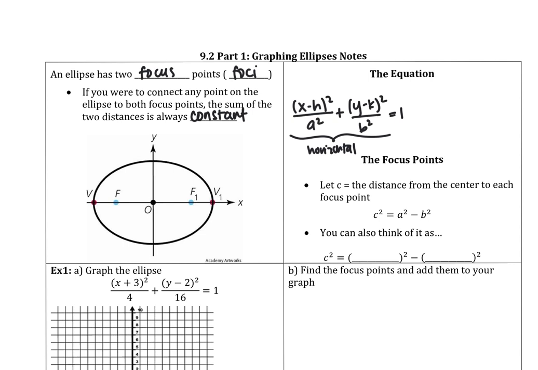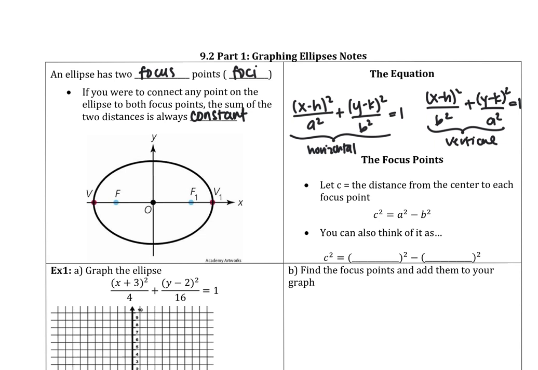And the equation for a vertical ellipse looks kind of the same, except A and B switch places. So the vertical component, or the a squared, is underneath the vertical component, or the y. And so a horizontal ellipse looks like what we see here, and a vertical ellipse looks like this.